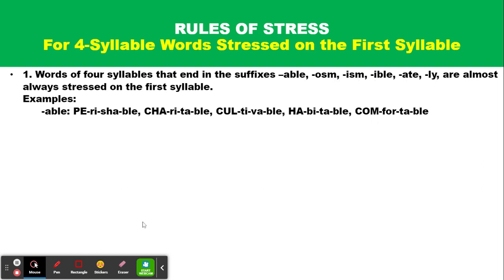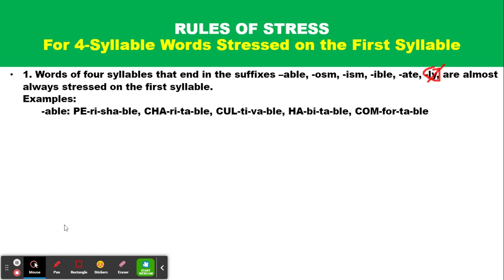Well, this one is not included, so let me encircle it. Remove this, that's a typo, right? So words of four syllables that end in suffixes such as able, osm, ism, ible, and ate are almost always stressed on the first syllable.